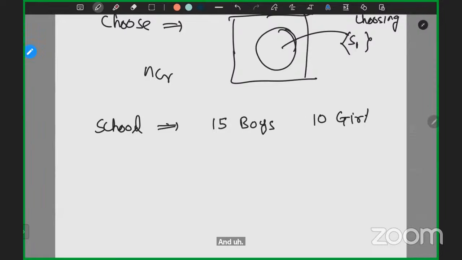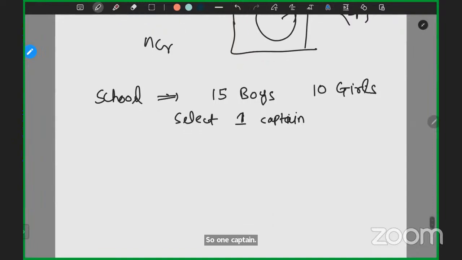I want to select one captain from this. For selecting a captain, gender doesn't matter; this is just the data. So how many choices do I have? 25. That is 25C1, choose one, because I want to select one captain. So that would be 25.